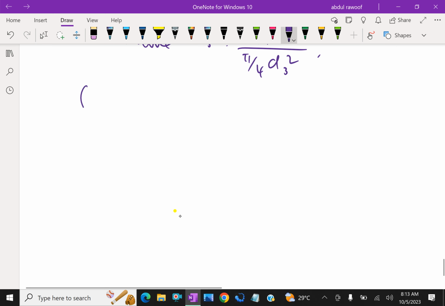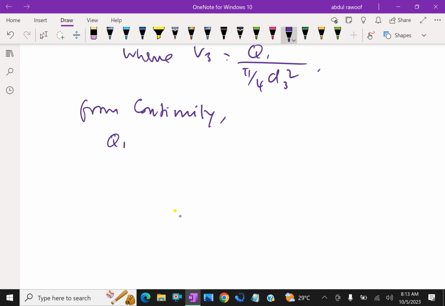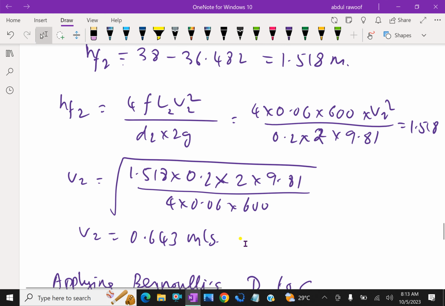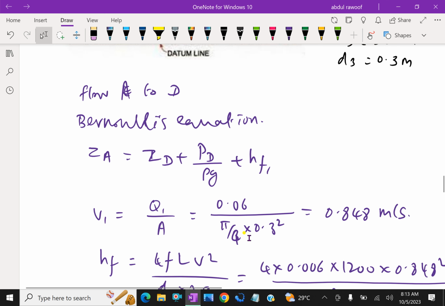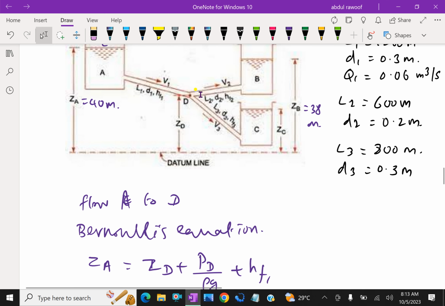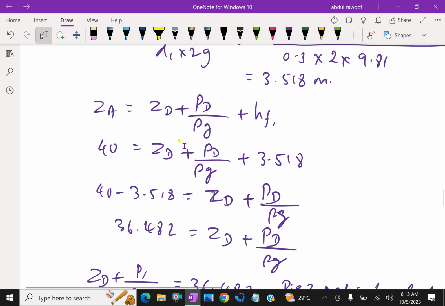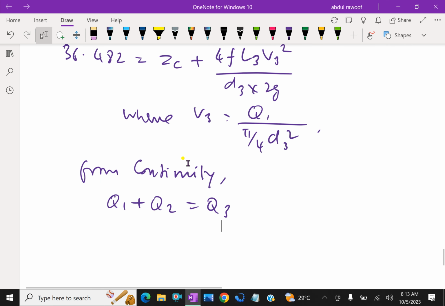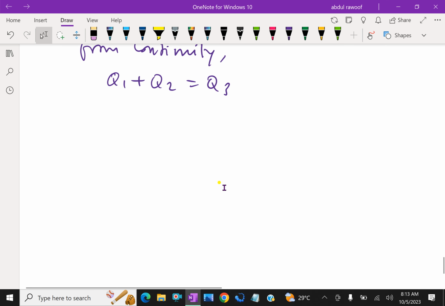From the continuity equation, Q1 plus Q2 equals Q3, because the flows from B to D and A to D combine together and go from D to C.